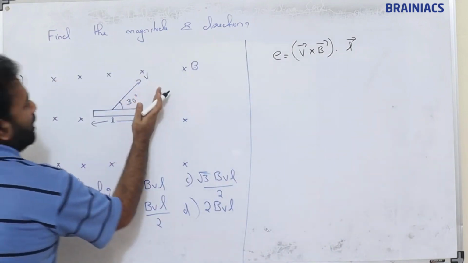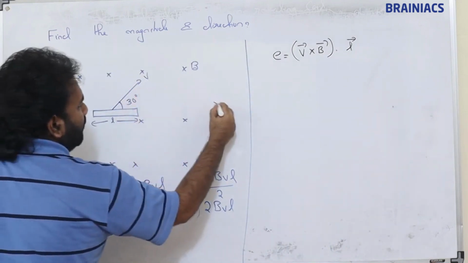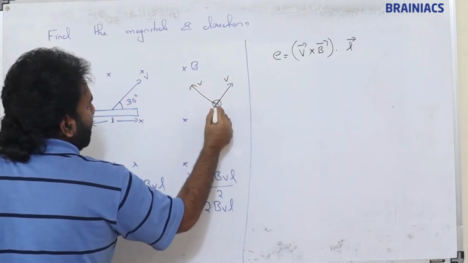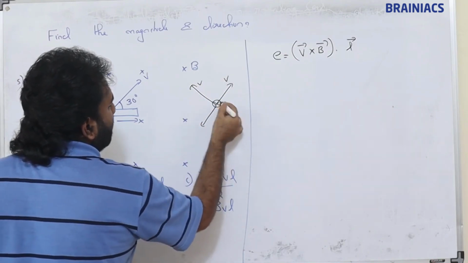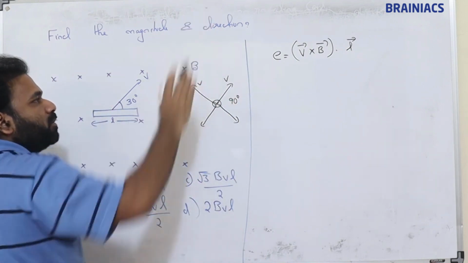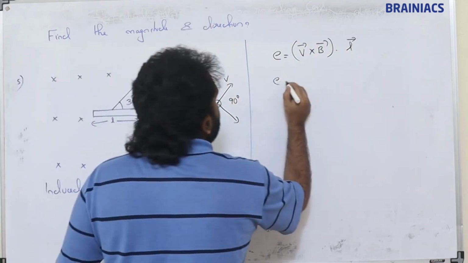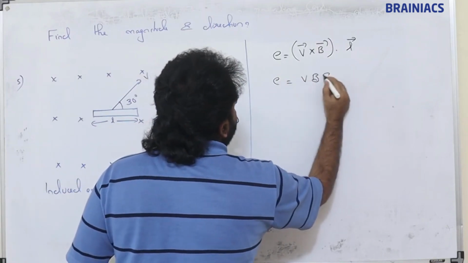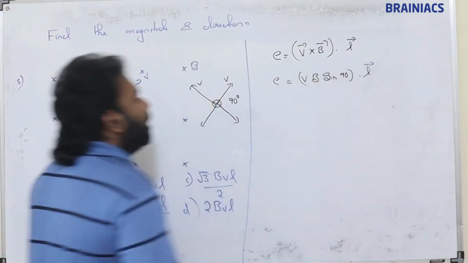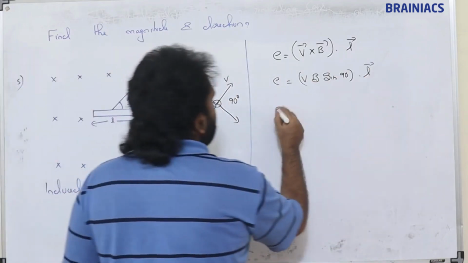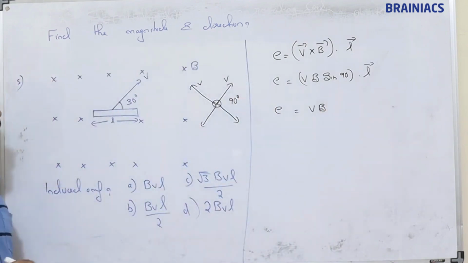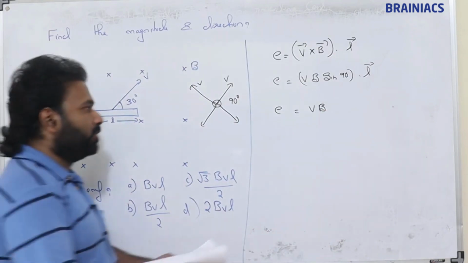Magnetic field is this, velocity is moving like this, 90 degree. So E is equal to VB sine 90 dot L vector. So E is equal to VB, we will be getting magnitude. What will be the direction of this VB?